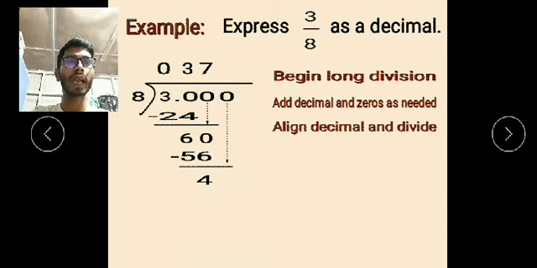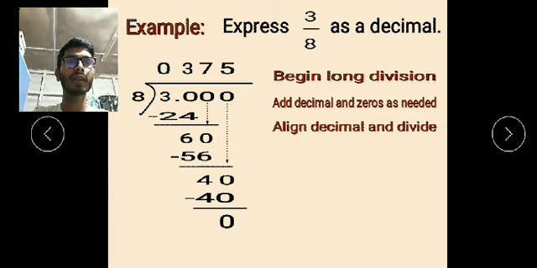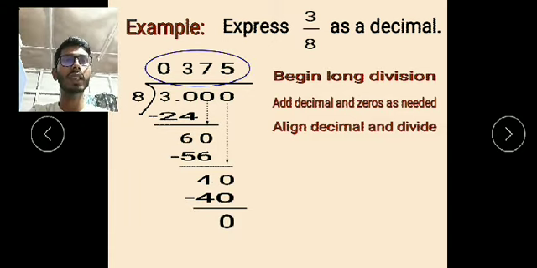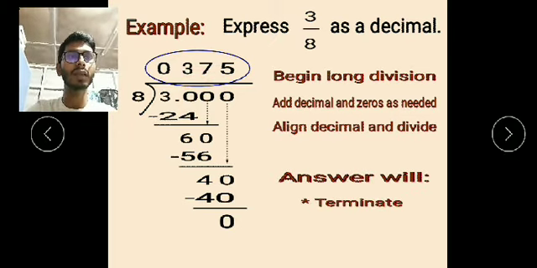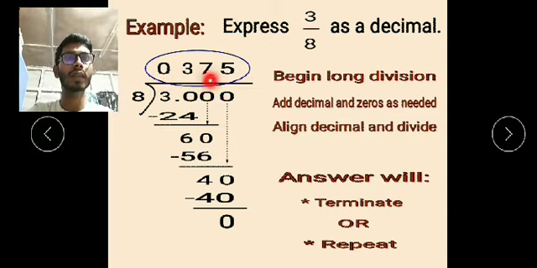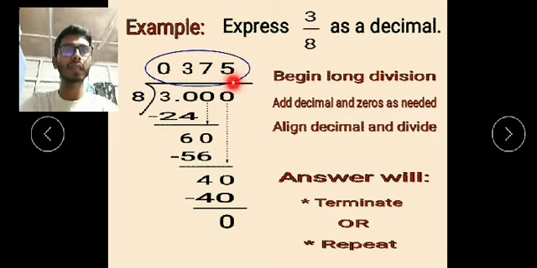So again we can add one more 0, and now you will get 40. Now 8 5s are 40. So how much did you get as the answer? Now see, 0.375. So your answer will be 0.375.